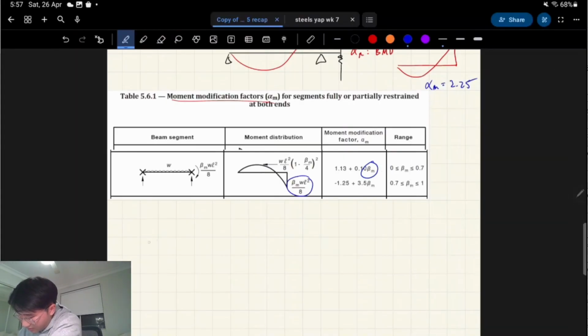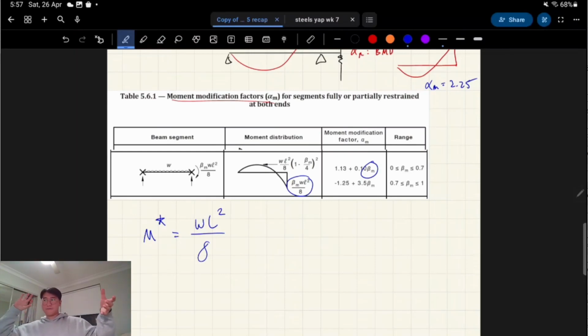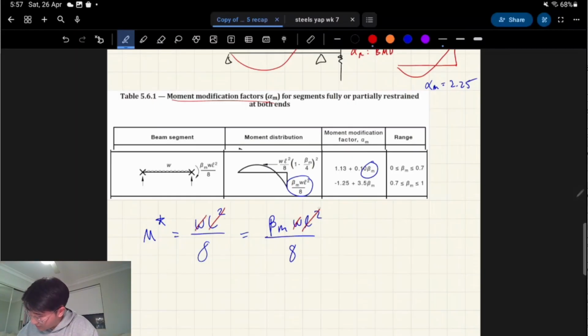From that little textbook that we saw, our max hogging moment, so the negative moment at the support, was WL squared on A. This has to equal what we see on that graph there, like that.